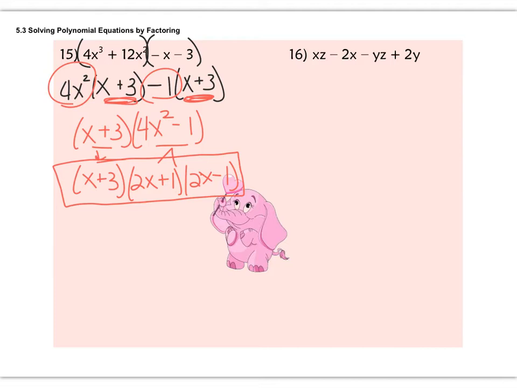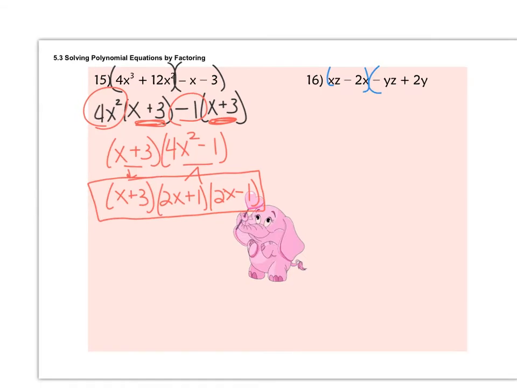All right, number 16. Again, I see four terms, so right away I'm going to do grouping. Group the first two and group the last two. Doing my grouping here, we can take out a GCF from each one. From the first one, I can take out an x, so I'm left with z minus 2.